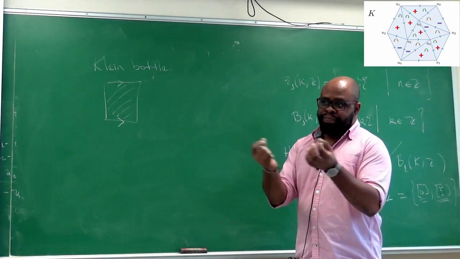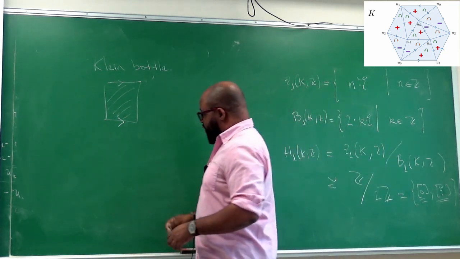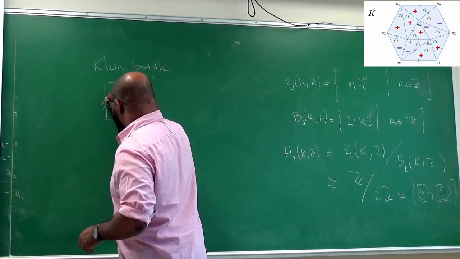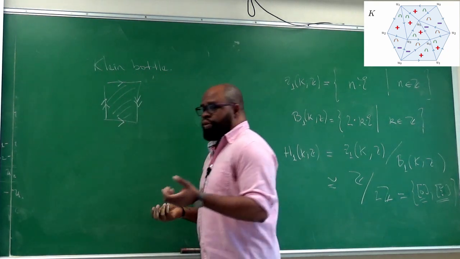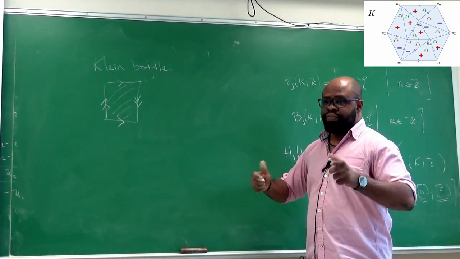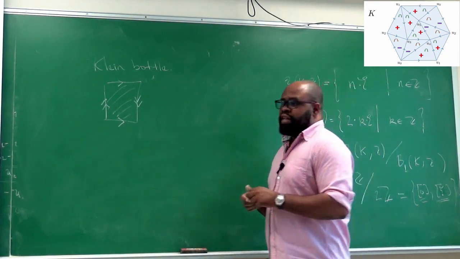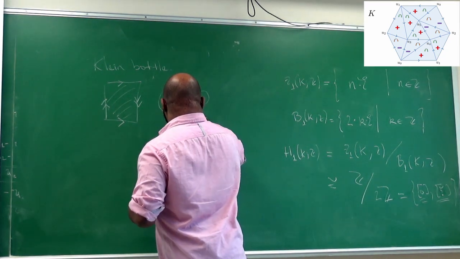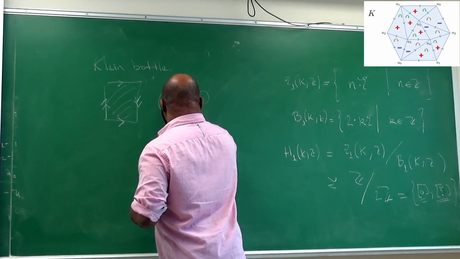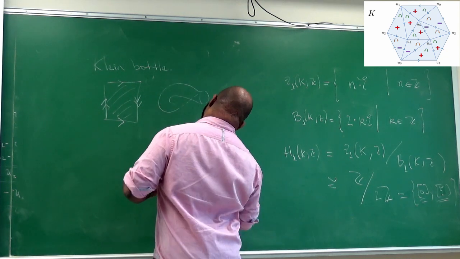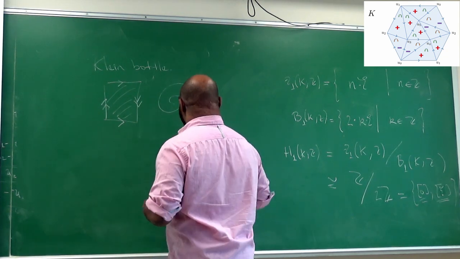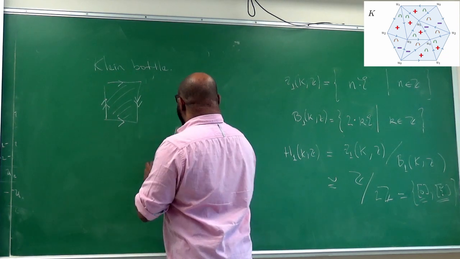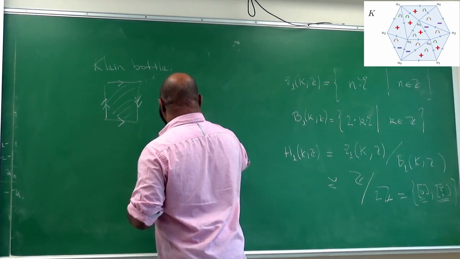That gives you a cylinder. And then you paste together the left and the right-hand side, but with opposite orientations. Okay? And what that gives you is something that looks like this. I draw it horizontally, but vertically it is this.